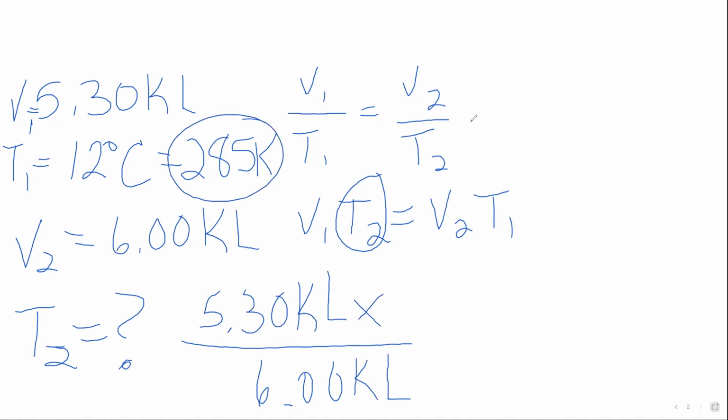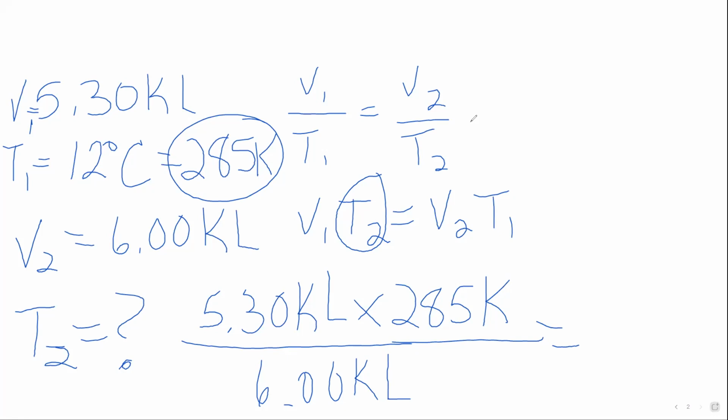Don't forget you have to change it to Kelvin. Since you changed it to Kelvin, you're going to get an answer in Kelvin. And they want it not in Kelvin. So it's 5.3 times 285. And then you divide it by 6.00. And that gives me 252. That's what I got.